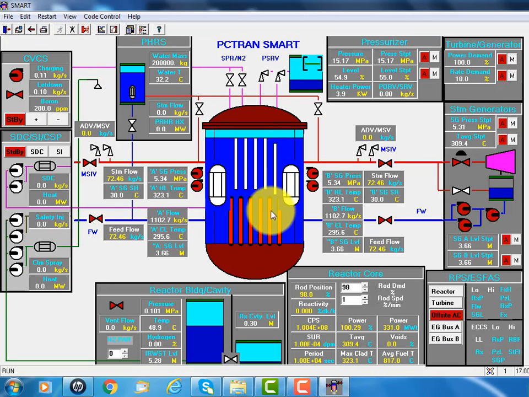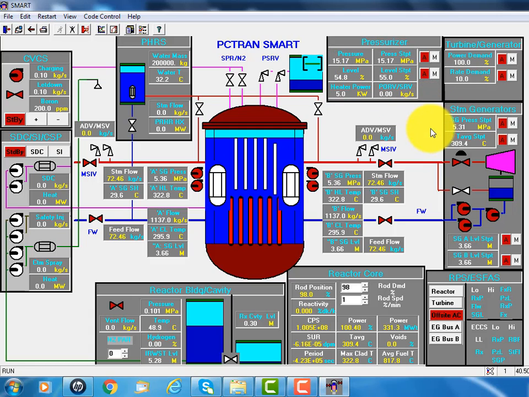Here is the core, and the control rods on top are mostly withdrawn during full power operation. Right now the reactor is operating at about 15 megapascal. That's about the same as other larger PWRs.